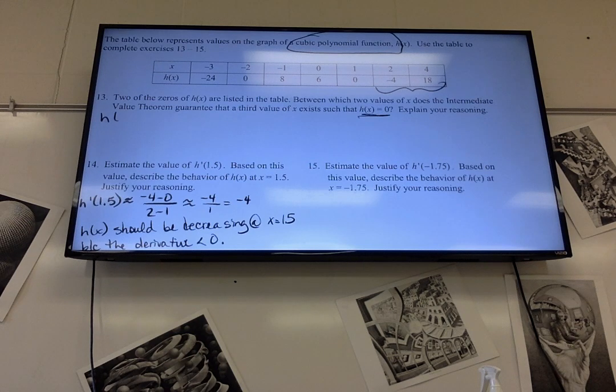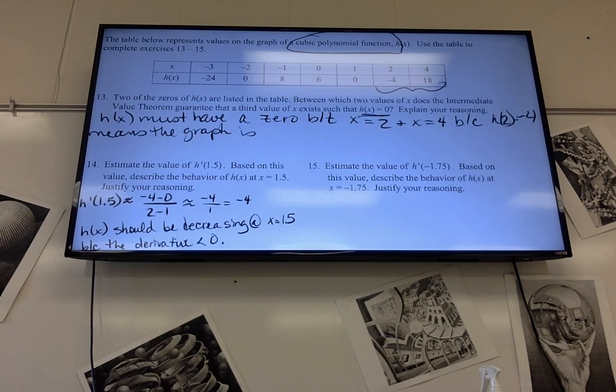So h of x must have a 0 between x equals 2 and x equals 4 because h of 2 is negative 4, which means the graph is below the x-axis.